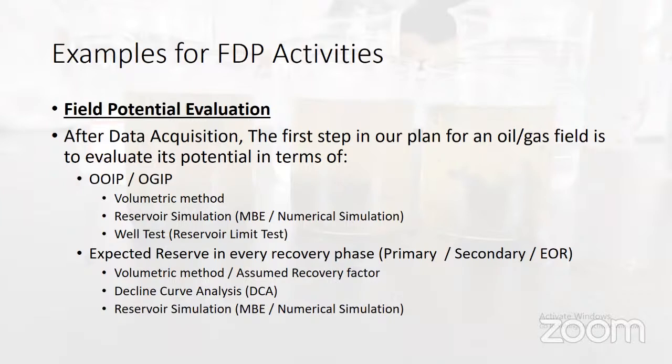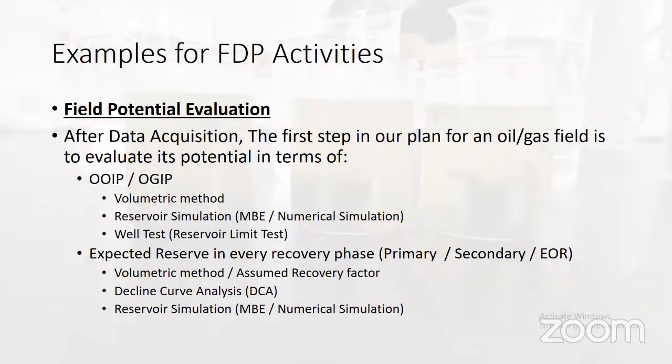We have two types of simulation: the analytical method and the numerical method. For the analytical method, we will use material balance. Actually, material balance is very useful for some fields, like in the case where we have low viscosity and moderate permeability.